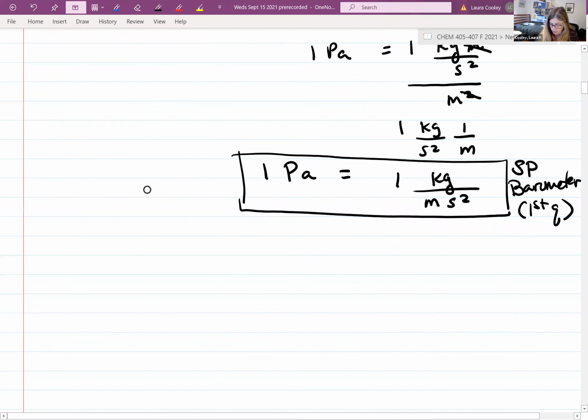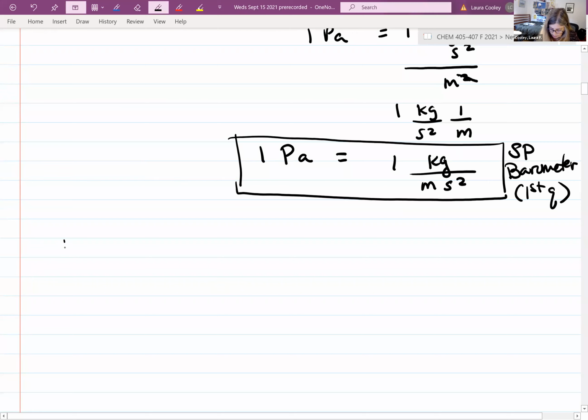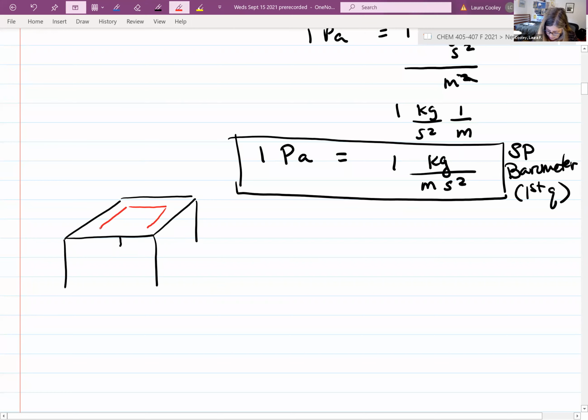All right, so I wanted to give you an example. So let's suppose we have a table. Find out how poor an artist I am as time goes by. So here's my table. I have a little bit of a leg sticking out there. And let's say I have a poster board on this table that's square. And let's say it's 1 meter squared.